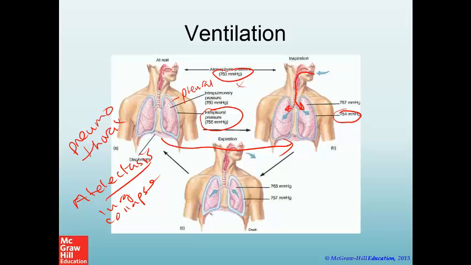When the diaphragm relaxes, then it moves up. Boyle's law, as the volume decreases, the pressure increases. So now you've got a pressure in the lungs, an intrapulmonary pressure, which is higher than outside, so air leaves.